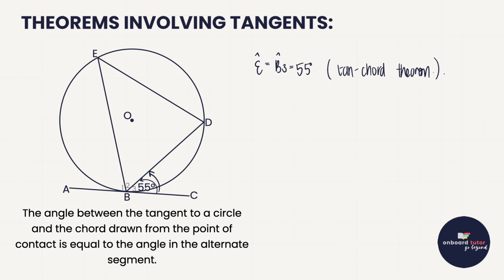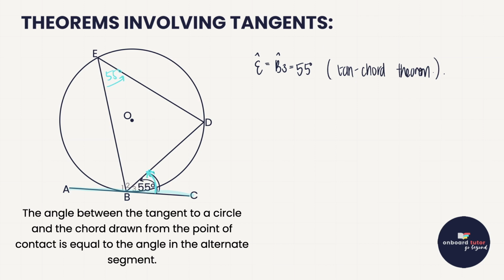Right, if they gave me the opposite, for example, if they said, well, this angle here is 55 degrees, and that one there is 55 degrees that we can see, then we can conclude, well, therefore, this line is a tangent. So that's the converse. If they give us the equal angles, we can deduce that there's a tangent. If they give us a tangent, we can use the tan chord theorem to determine the angles.